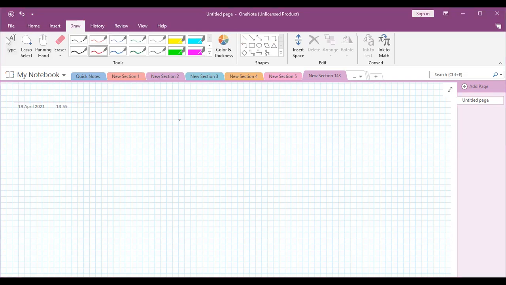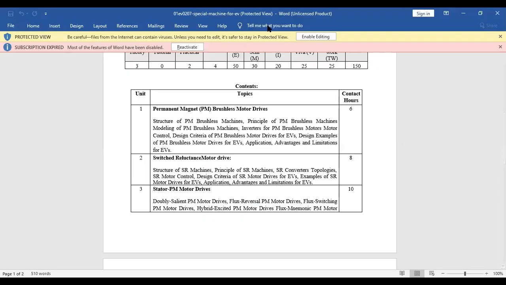Okay, so let us start in just a second. We are starting a new unit because you have gone through the PMSM and BLDC motor. Can all of you see the syllabus?